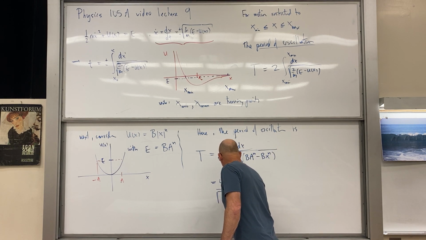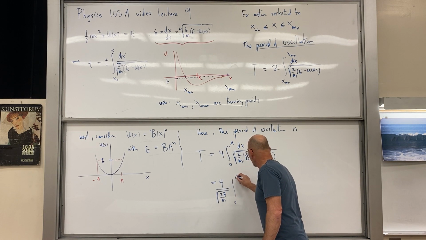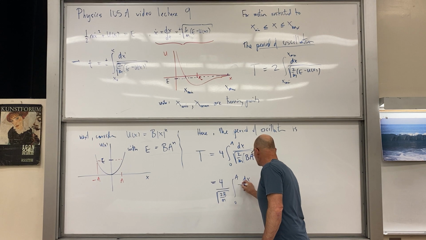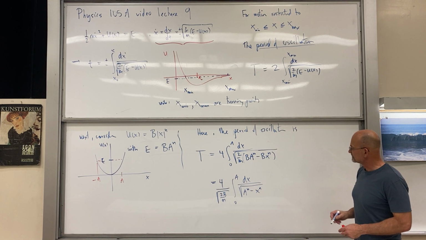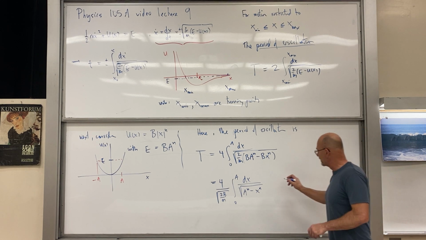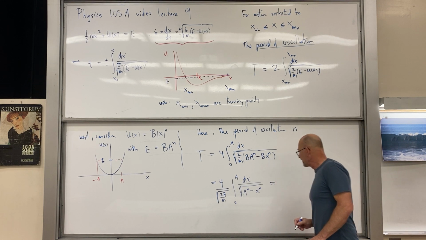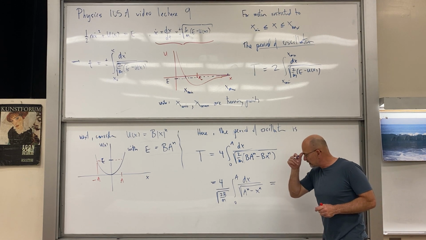So root 2b divided by m. Now I have 0 to a dx root a to the n minus x to the n. And we can do one more step, and that is, you can't always do this, but when you can, it's very good to.